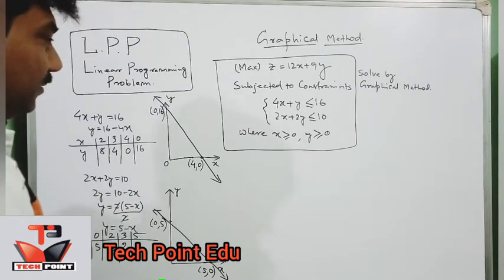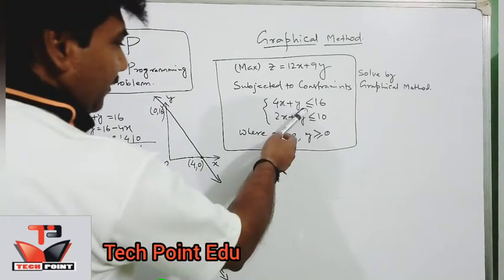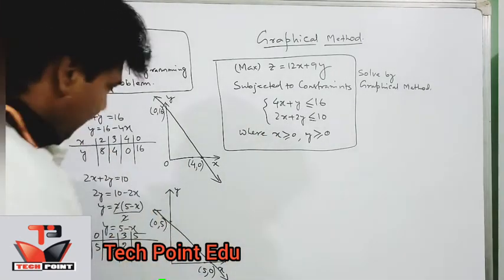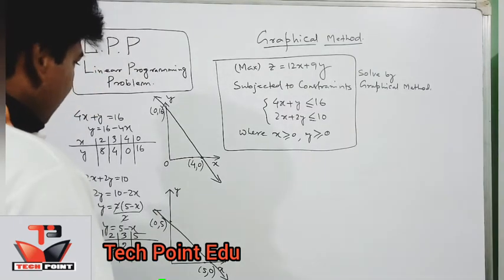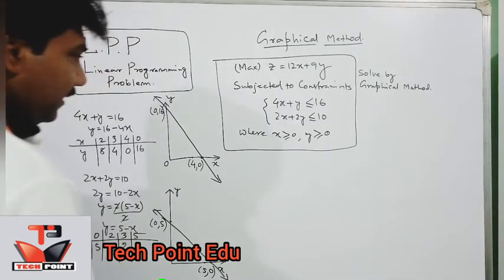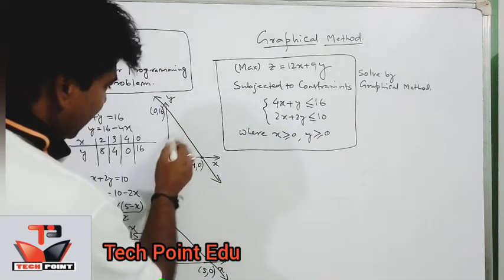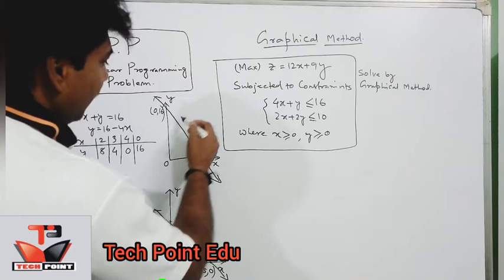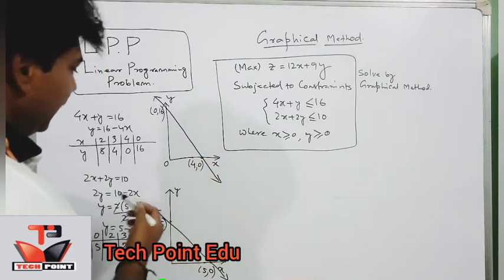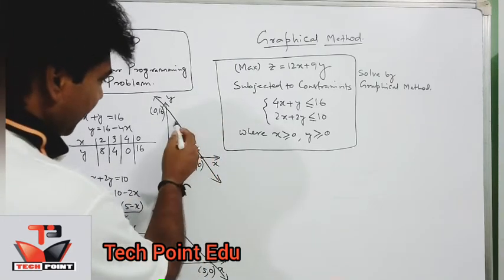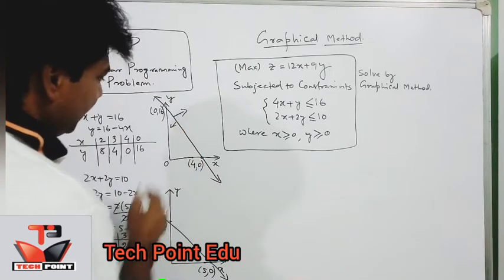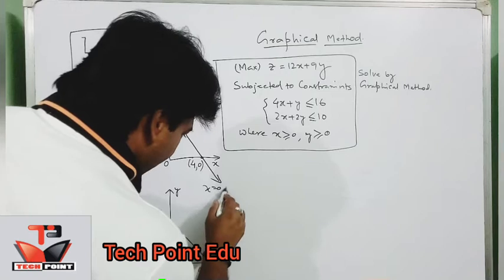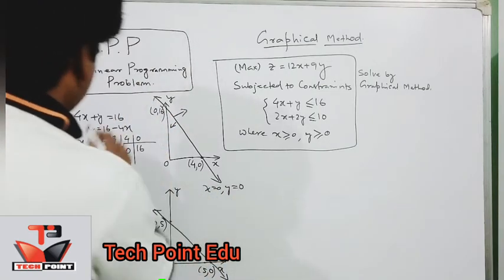Now, one important thing: here it was given less than or equal to 16, but I have considered this one as equal to 16. Then less than 16 will be this part or that part, left hand side or right hand side. That you have to decide. How to decide whether it will come on this part or that part? To decide that, put x is equal to 0 and y is equal to 0 in the equation.